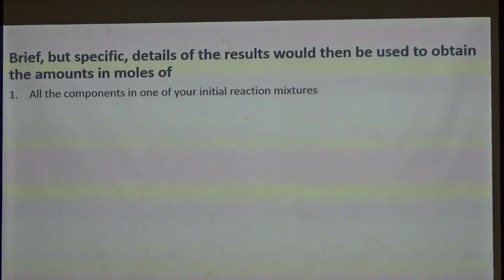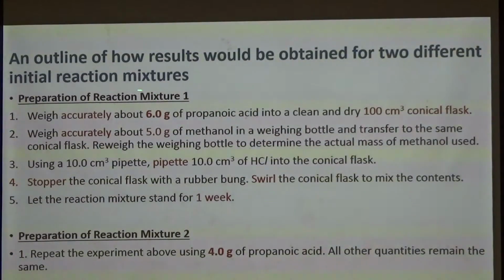Okay, so can I give you about 10 minutes to work out roughly how you think you can determine all the components' amounts in the initial reaction mixture? Okay, based on these quantities that we have added in.